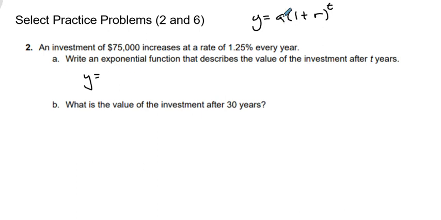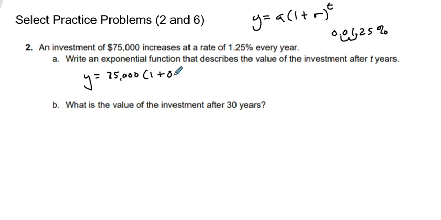So you have y equals, and your a is an investment of 75,000. So that's what you're starting with. So you have $75,000. That's your a. You have 1 plus your rate. It's 1.25%. So remember, if you have 1.25 and it's a percent, to turn it into a decimal, you go to the left 2 spots. So you go like that, you put a 0 in there, and then that's your point.